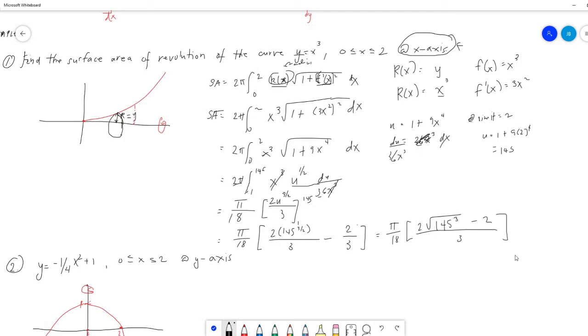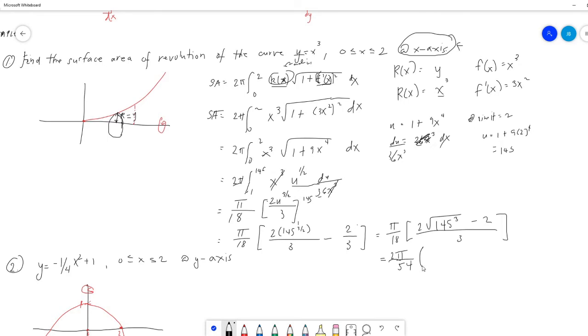Let's try to use our calculator. So this would be pi over 8 times 18 times 3, that's 54, so pi over 54. And then we take out the 2.